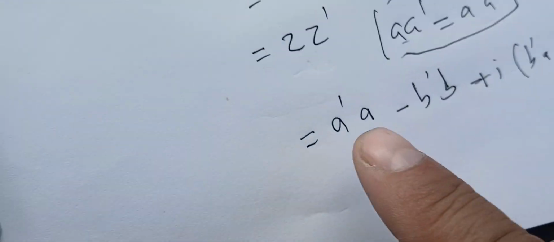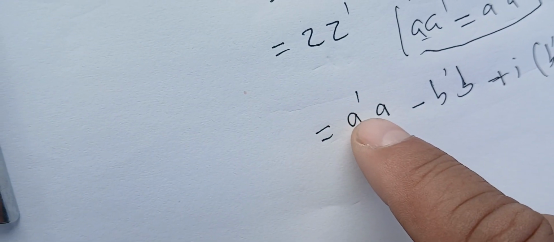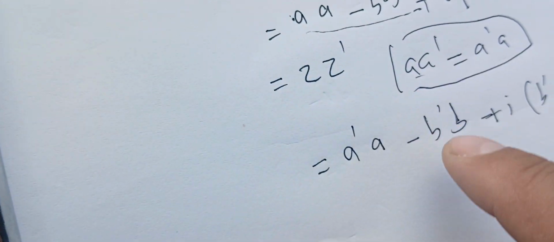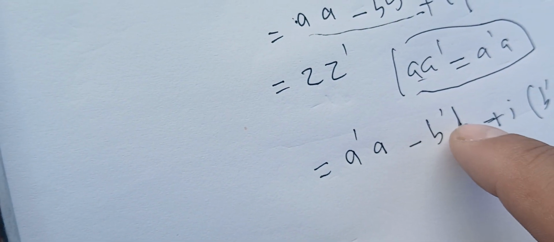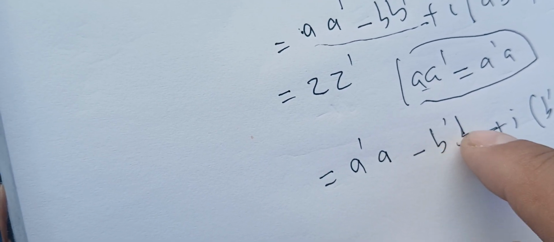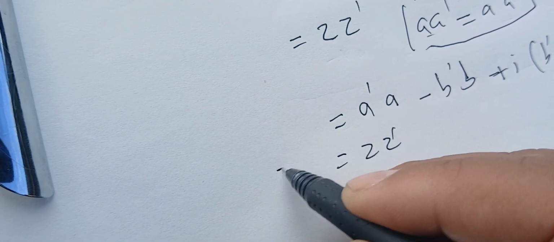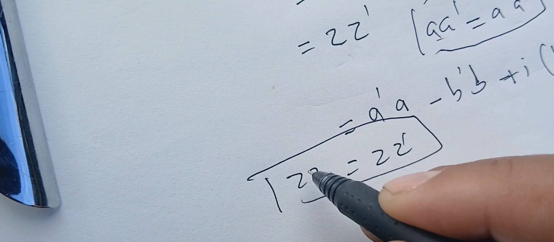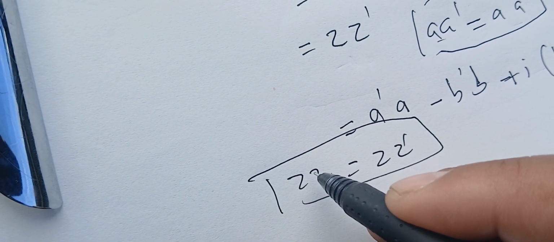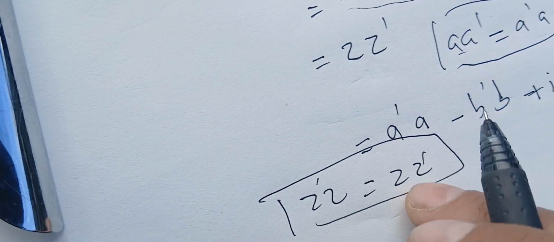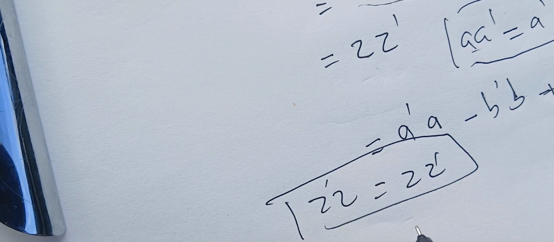The a prime a is the same as a a prime, and b prime b is the same as b b prime because R is commutative, and therefore we have z prime z equals z z prime. That means C is commutative.